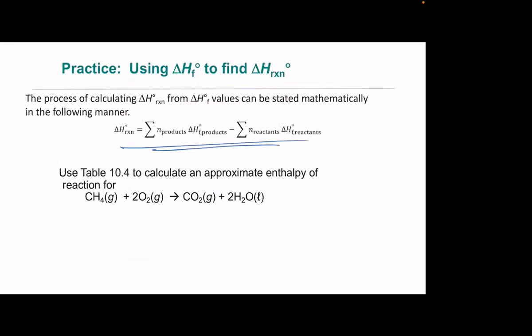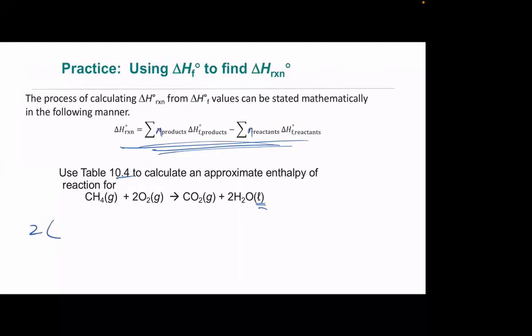There's Hess's law, where you can manipulate reactions, or there's formation reactions. What you're doing is simply looking up the value and using this equation and the stoichiometric coefficients. That's what the n's are for. So what we would do is take the products minus the reactants. So we take 2 times water. What state is it in?